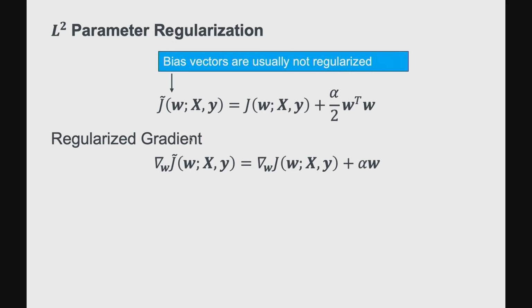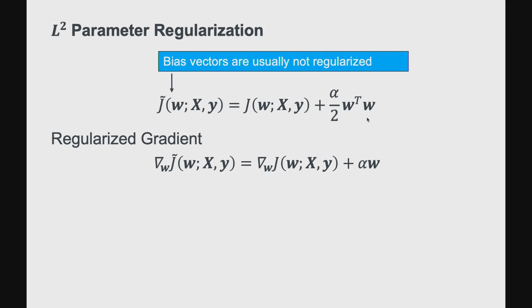Now, we can do ridge regression, L2 parameter regularization. So there, what we do is we add, for the weights that define our connections between different neurons, the size. And the size squared is nothing else than, if we have a weight vector, the weight vector transposed times the weight vector, so that's the dot product of the weight vector, where the weight vector really comprises all the weights from across the whole network.